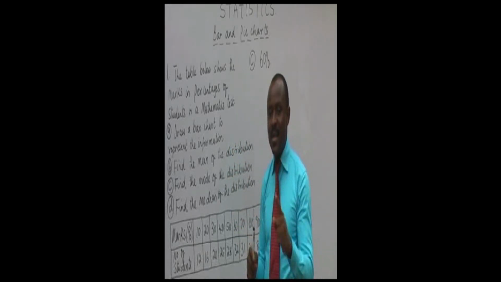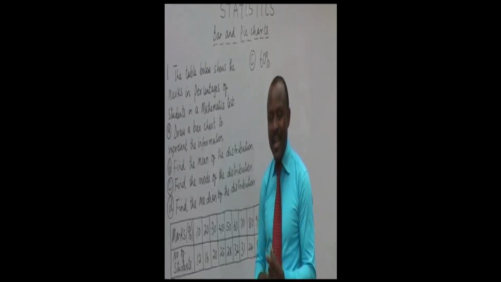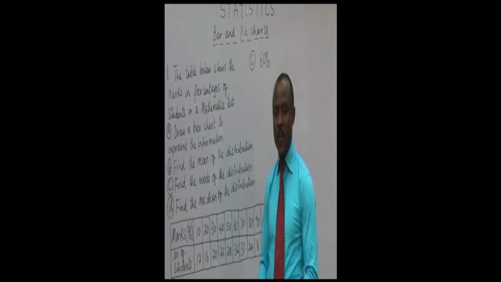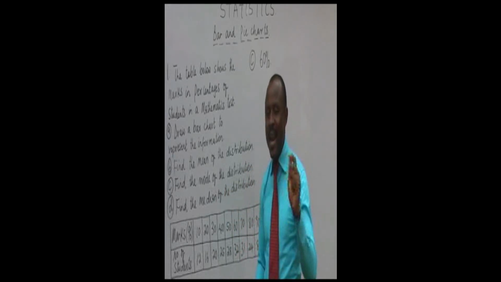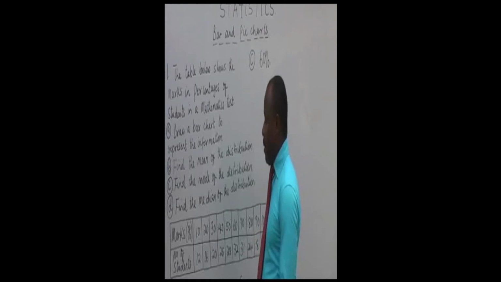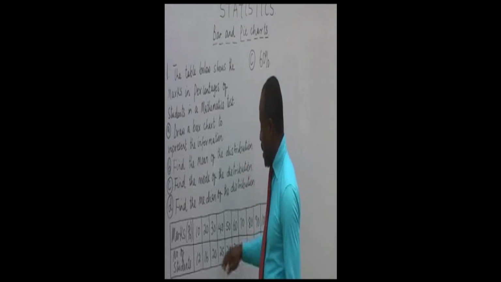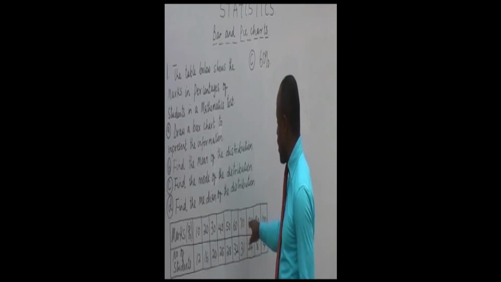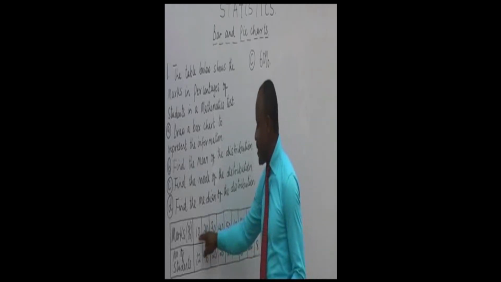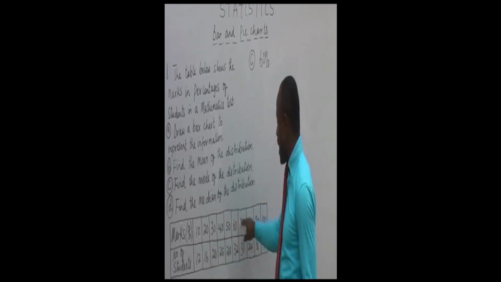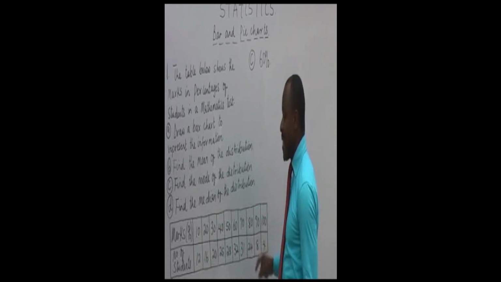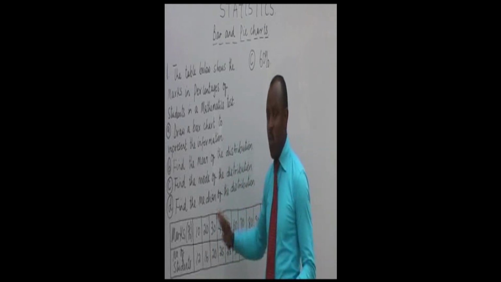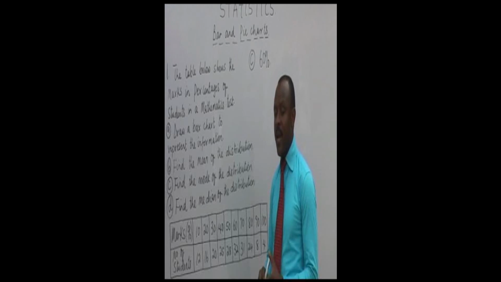Otherwise, you can never get to the median. The marks in our table are already arranged in ascending order, from the least, increasing until the greatest. We can go ahead and calculate our median.